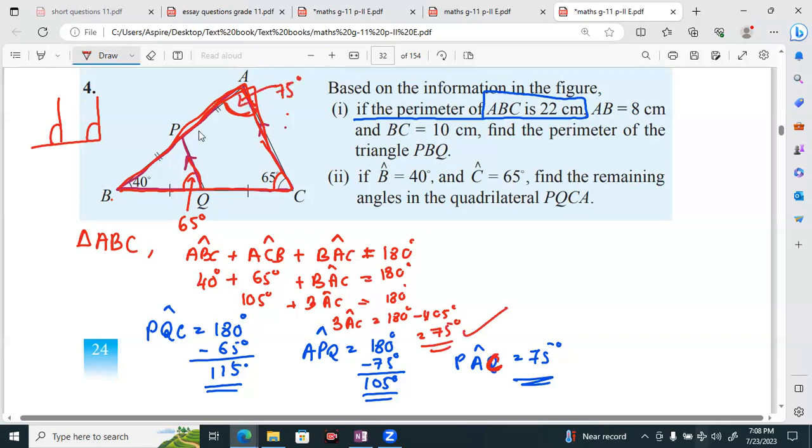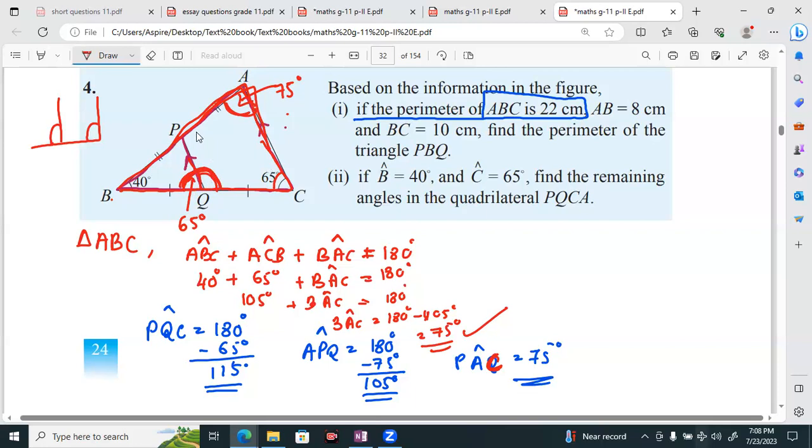Okay, then as we have identified that PQB equals 65, you can see that here it is the sum of angles on a straight line segment. It equals 180. Then when you subtract 65 from 180, it is 115.